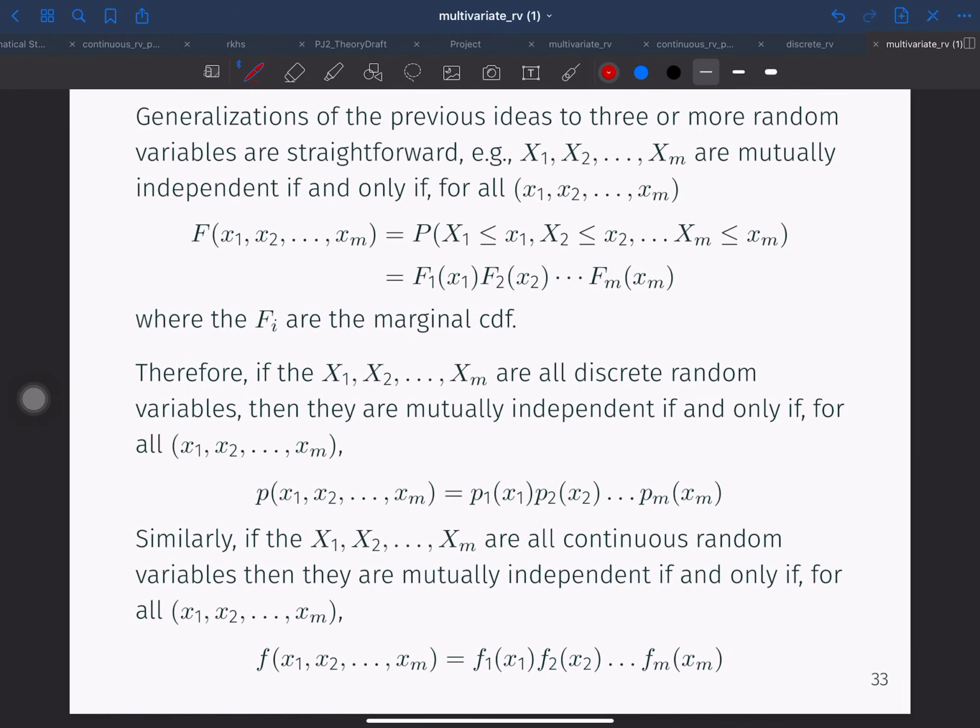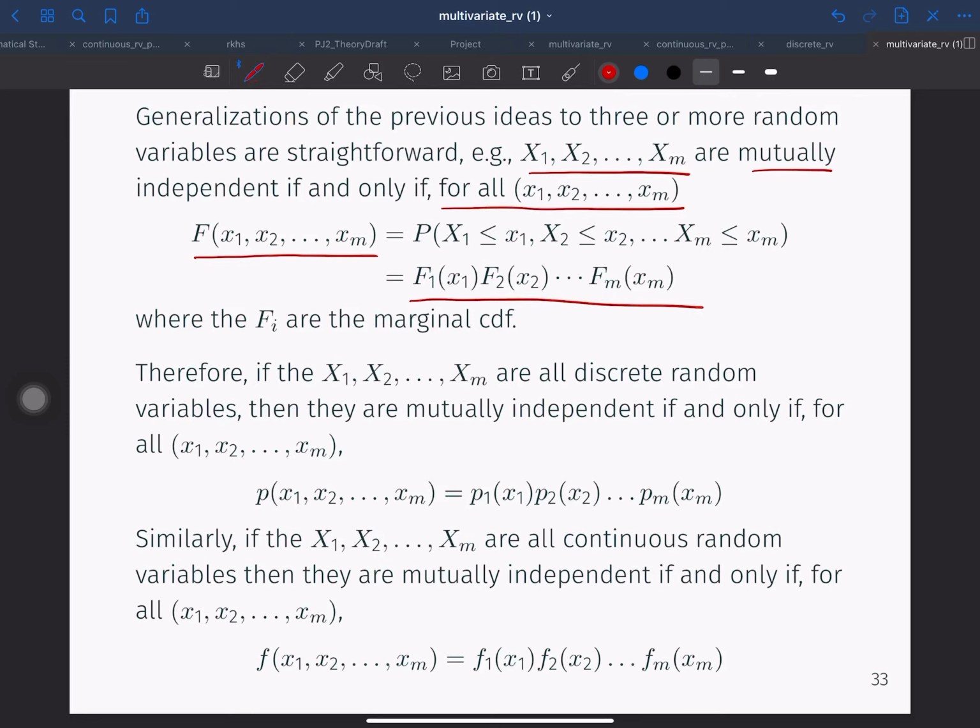Okay, so generalizations of these ideas to 3 or more random variables are straightforward. So for example, if you have a bunch of random variables, then they're mutually independent if for all values of x1, x2 to xm, the joint CDF can be written as the product of the marginal CDF.